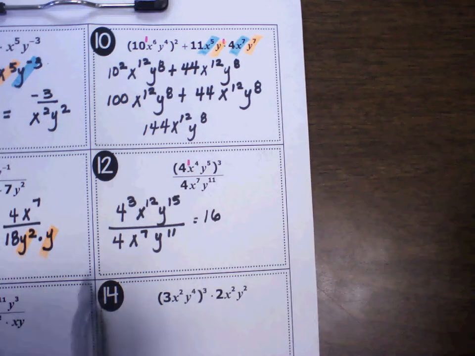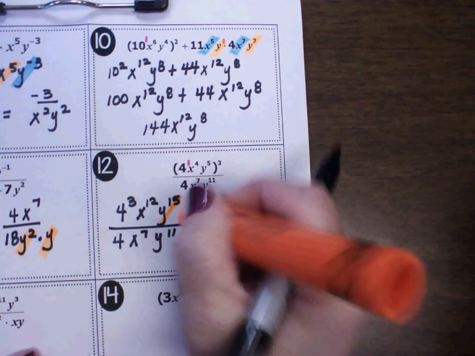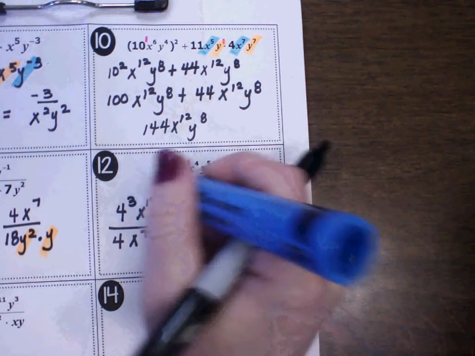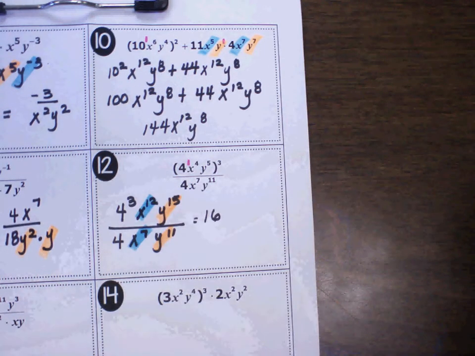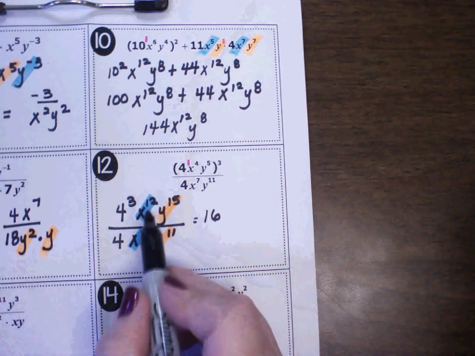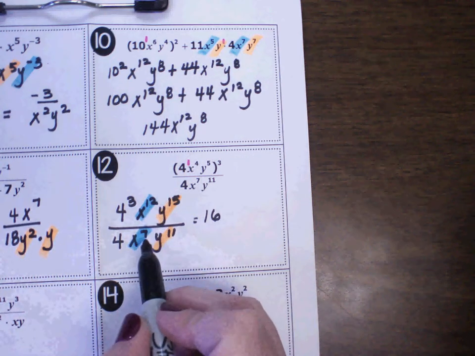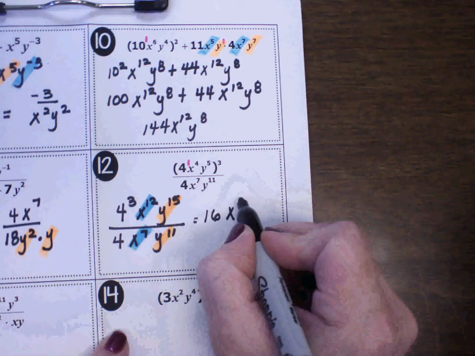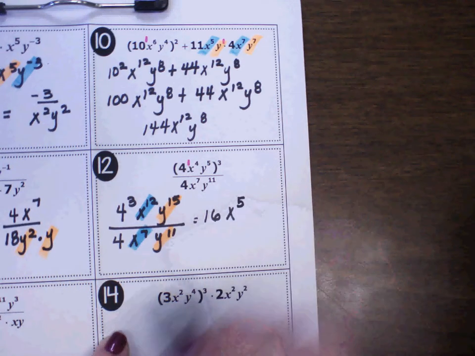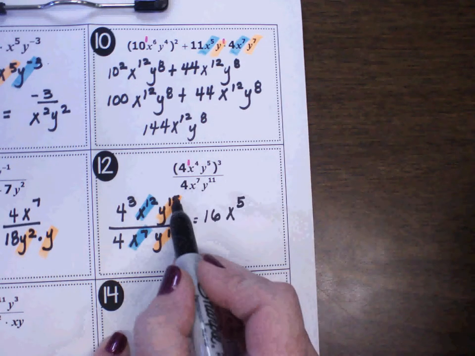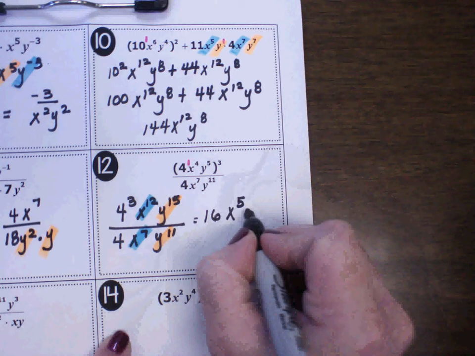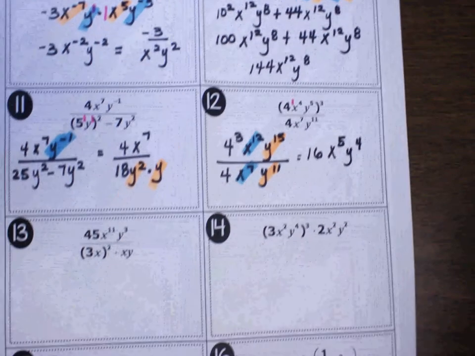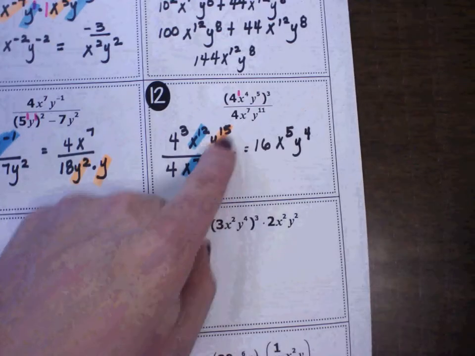Now I can do the y's and the x's, correct? All right. 12 minus 7, and I keep it where? Up. That will be x to the 5th. Yes? And then 15 minus 11, and I keep it at the top. 15 minus 11?